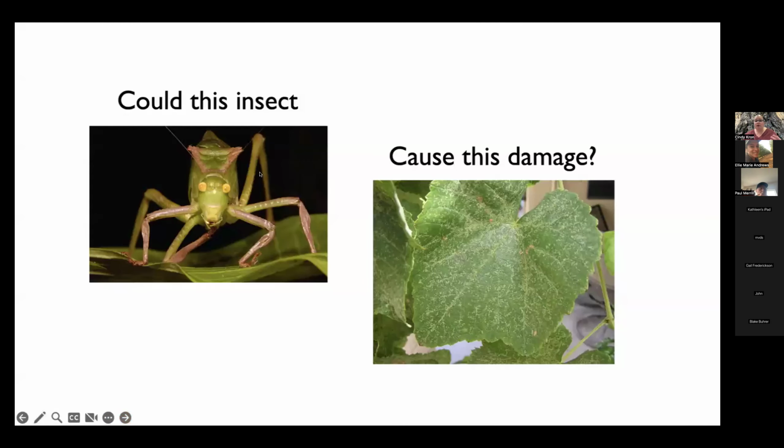So the question is, in talking about mouth parts, could this insect cause this damage? If you can answer the question in the chat, I'm going to look at the chat and see what everyone thinks.